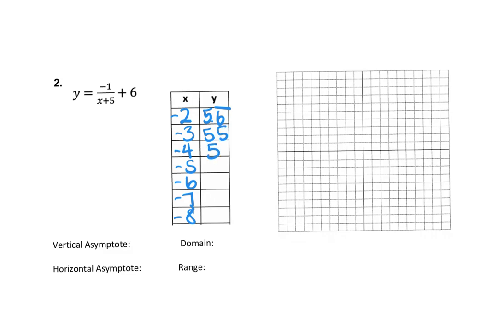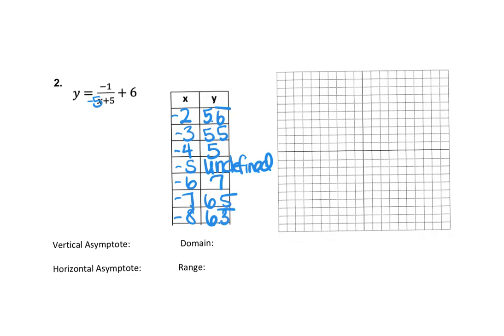Now let's take a look at what happens to this -5. When you plug in that -5, -5 plus 5 is equal to 0. So that is creating the undefined. And then I'd have 7, and then 6.5, and then 6.3 repeating.